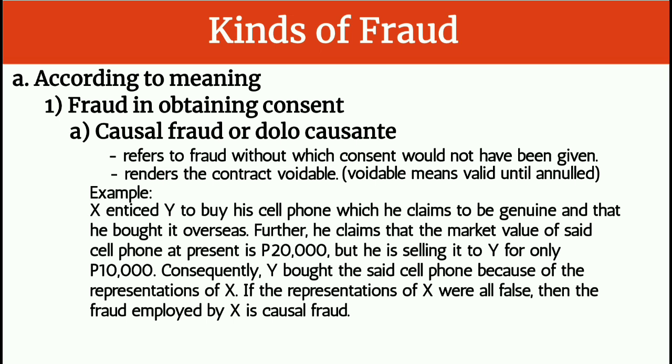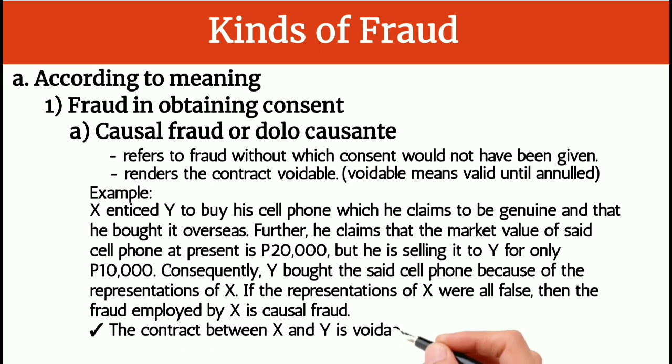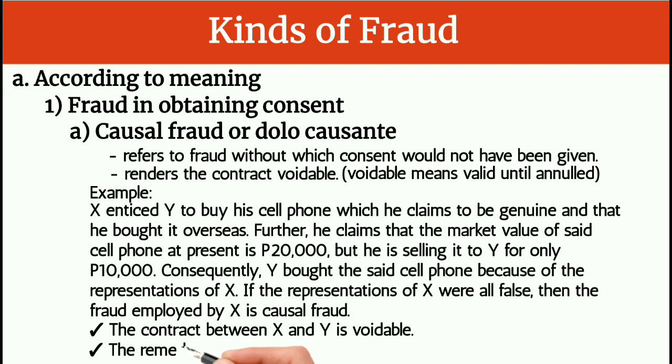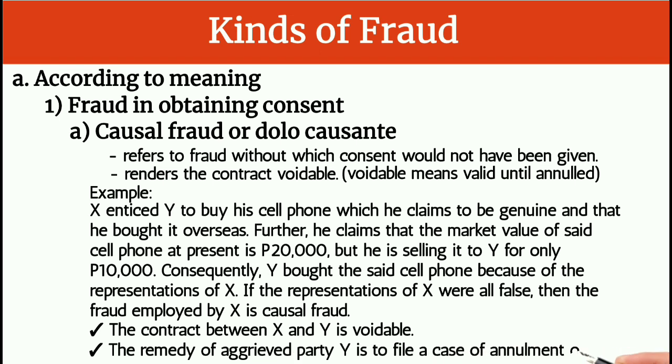Kasi nga, kung wala yung fraud, hindi sana binili ni Y yung cellphone. In this example, the contract is voidable, meaning to say valid until annulled. So the remedy of the aggrieved party, Y, is to file a case of annulment of contract because the contract is voidable.